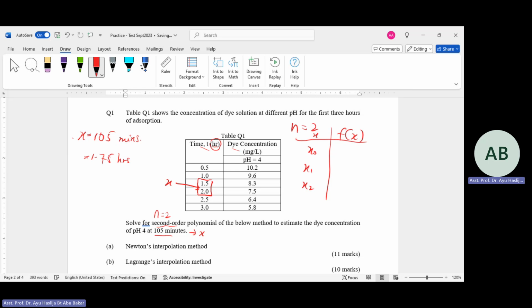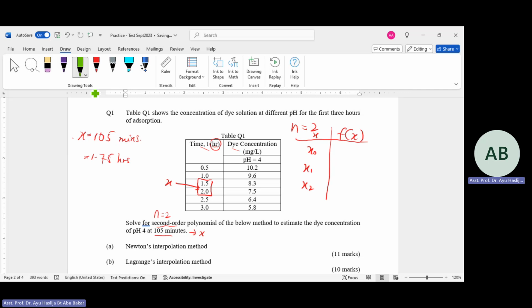Your fx, sorry, f. Okay, so wait, before that, x0. 1 or 1.5? Which one you want to take? Okay, there are a few selections over here.